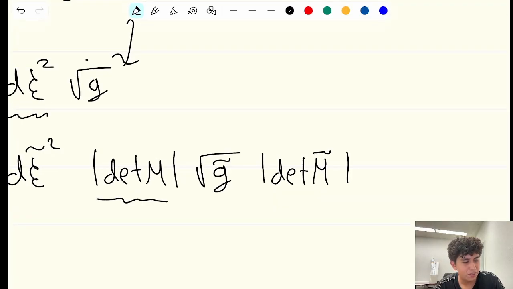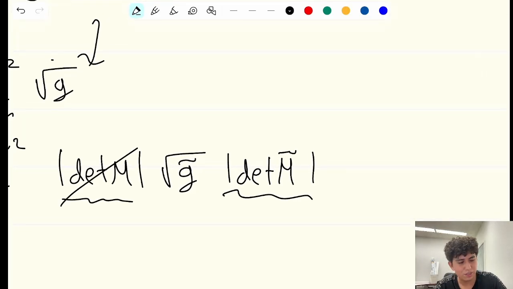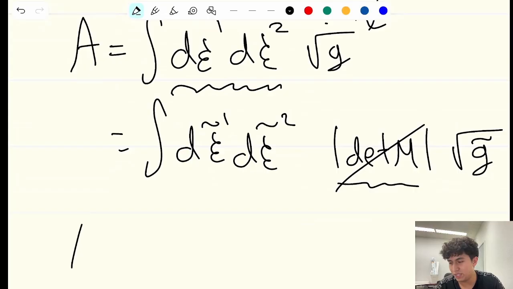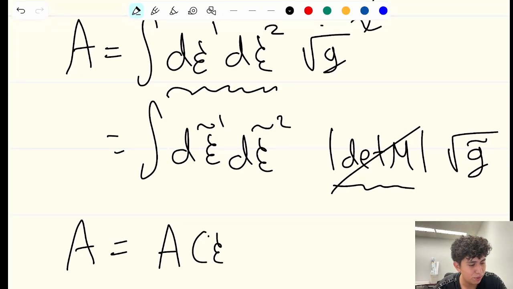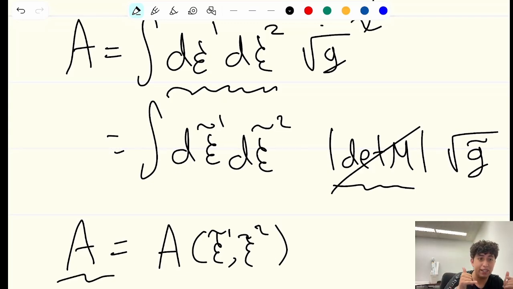These two determinants are inverses of each other, so they just cancel. Here we show that the action is the same as when you use the tilde: if you parameterize it with tilde 1 and tilde 2, it's the same as doing the original parameterization. And that's what we show.